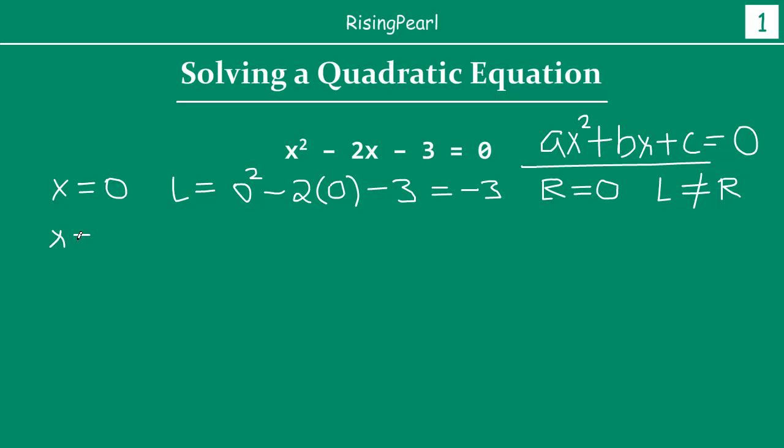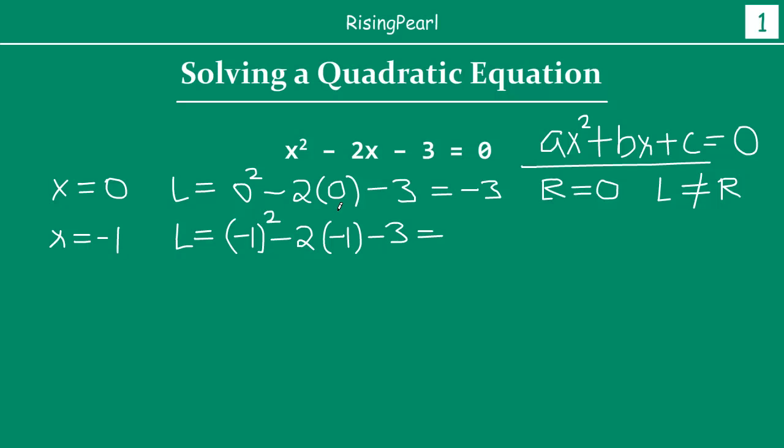How about x equal to minus 1? For x equal to minus 1, the left hand side will be, so this is minus 1 squared, right? Instead of x we are putting minus 1, so minus 1 squared minus 2 times minus 1 and minus 3, which is this one.